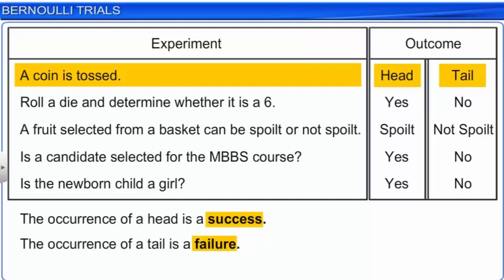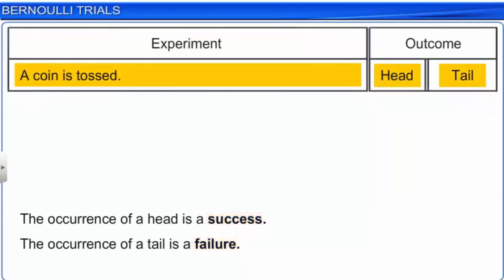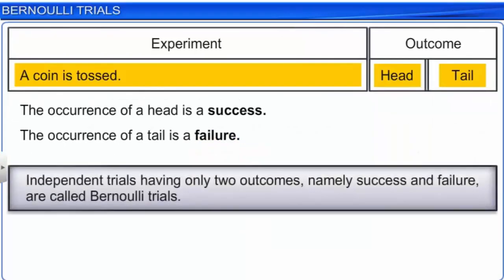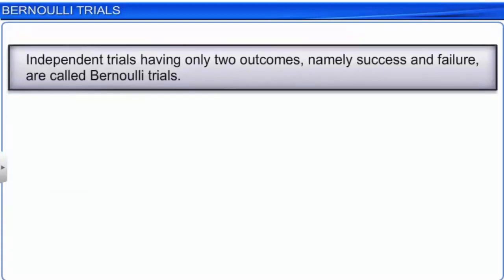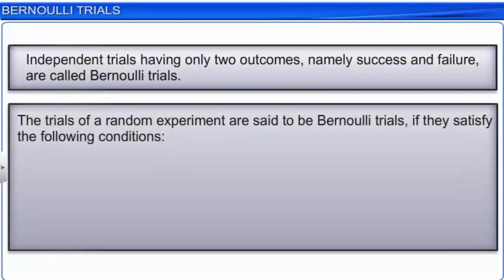Such independent trials having only 2 outcomes, namely success and failure, are called Bernoulli trials. In other words, the trials of a random experiment are said to be Bernoulli trials if they satisfy some conditions.